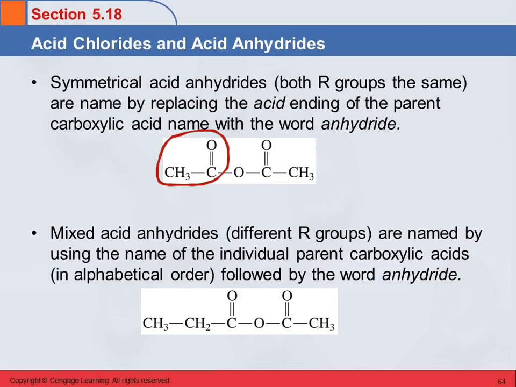Okay, so the IUPAC name with 2 carbons is based on ethane, right? So that would be ethanoic acid. So this anhydride was made by combining 2 molecules of ethanoic acid. And so its name is ethanoic anhydride.